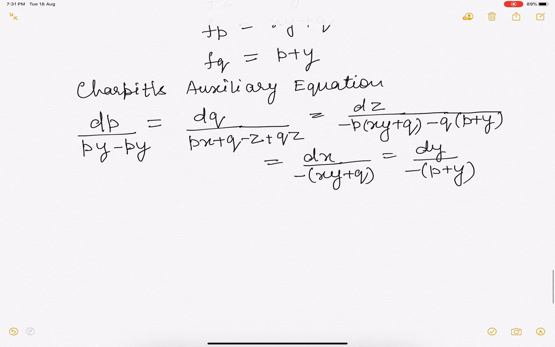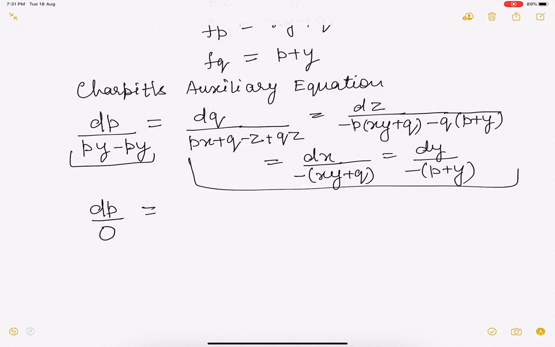Now we have to solve this. Let us see this term. This will be dp upon 0 is equal to this whole term.